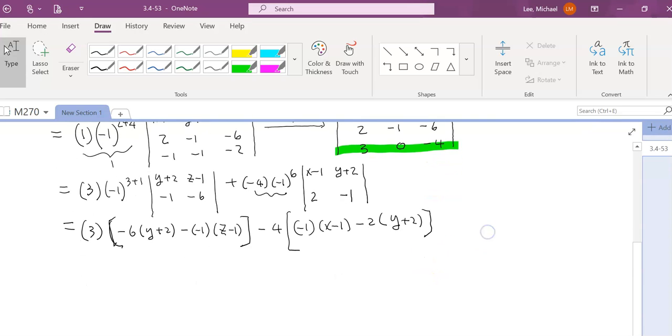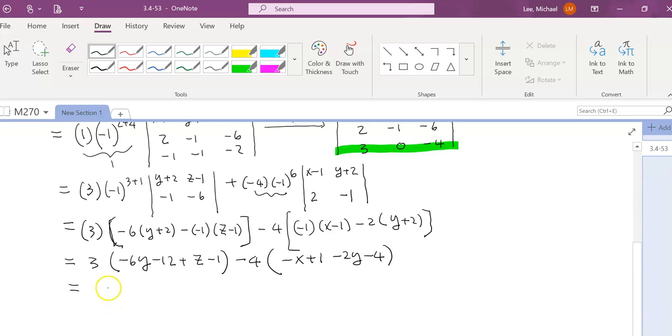Now you're going to add all this in, let it equal to 0. So this is 3 times negative 6y minus 12. This is 1, so plus z minus 1 is minus 4, and then negative x plus 1 minus 2y minus 4. So let me see if I can simplify a little bit more: 6y plus z minus 13 minus 4, negative x minus 2y minus 3, isn't it?